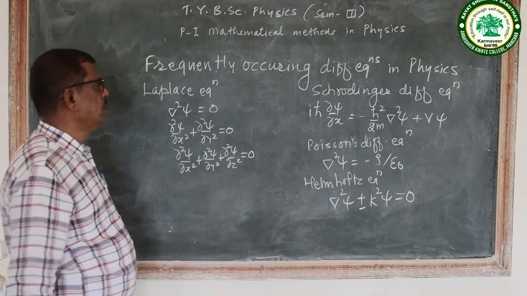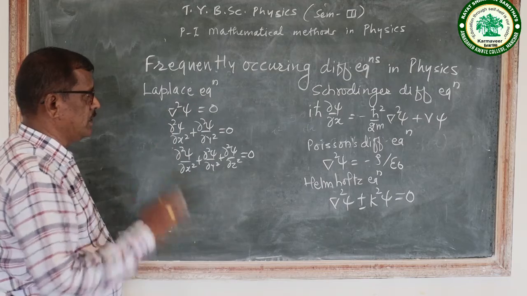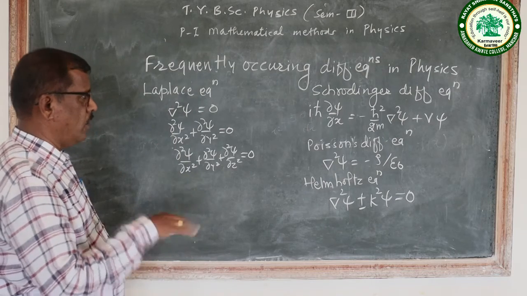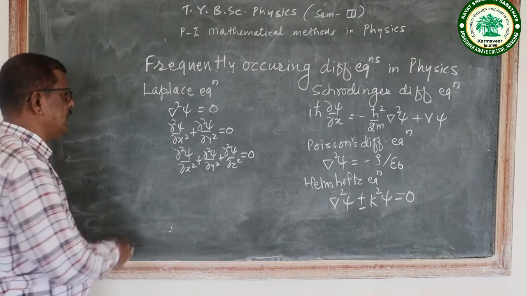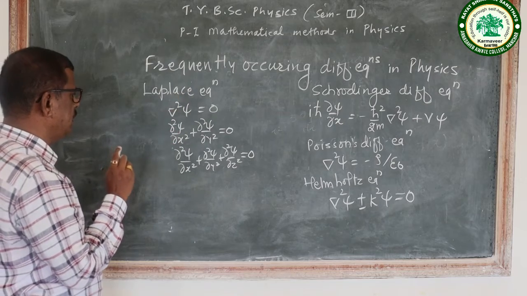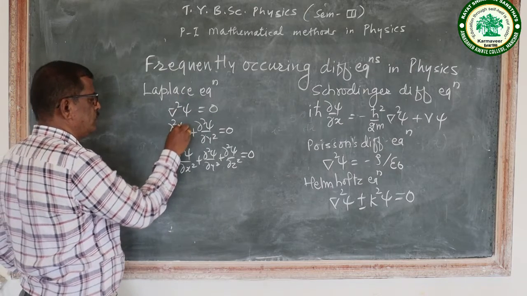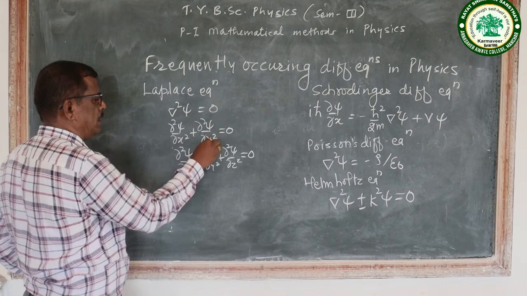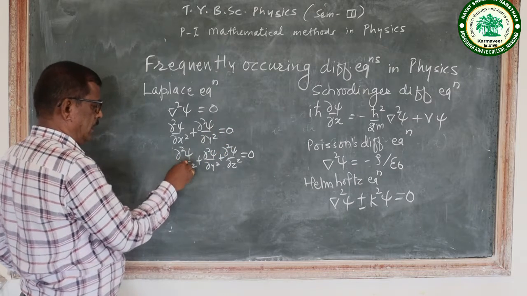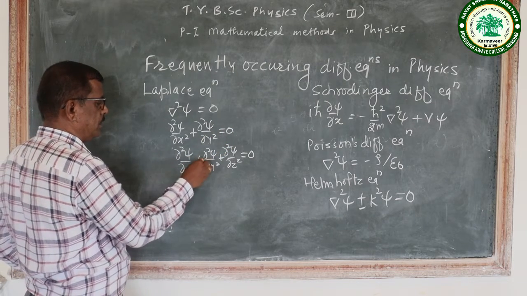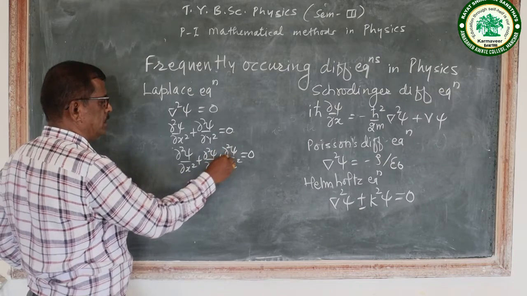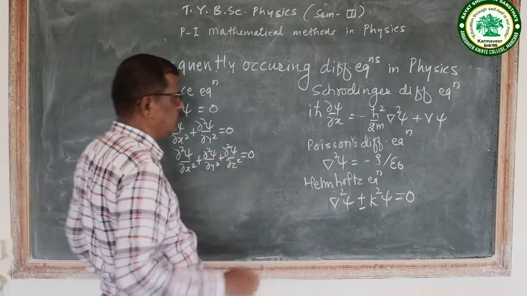These are the differential equations which occur in physics. The first is the Laplace differential equation. Here in 2 dimensions, del 2 psi by del x square plus del 2 psi by del y square equal to 0, or del 2 psi by del x square plus del 2 psi by del y square plus del 2 psi by del z square equal to 0.